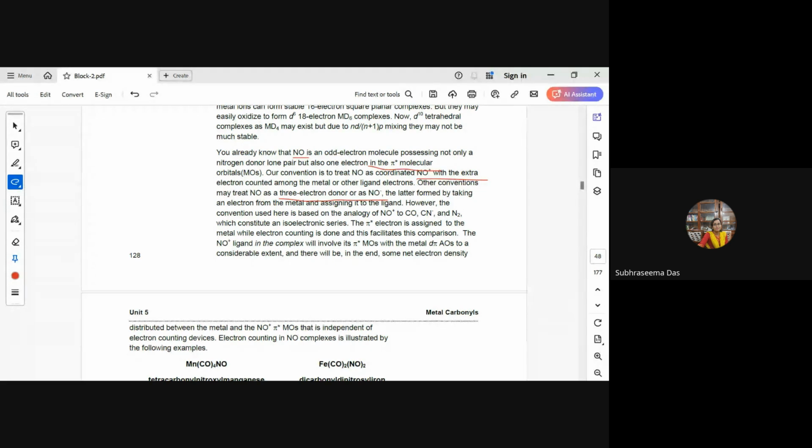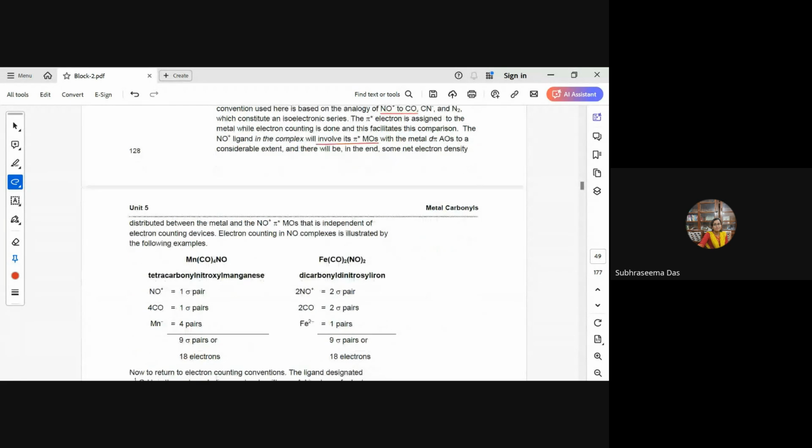However, in simpler terms, we have always considered NO plus as analogous to CO, CN minus and N2. The NO plus ligand in the complex involves its pi star MOs with the metal d pi to a considerable extent, and some net electron density is also distributed between the metals.